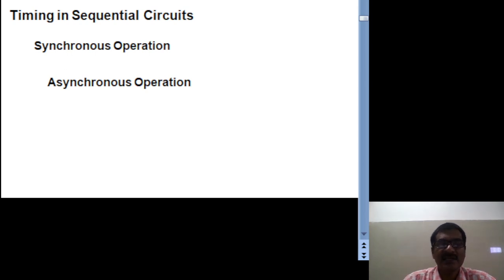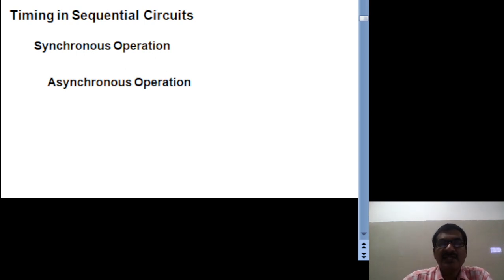That is, the clock signal is applied to all the flip-flops simultaneously. In case of asynchronous operation, it is not like that. The clock signal is applied to different elements at different timings. That is the difference between synchronous and asynchronous operation.